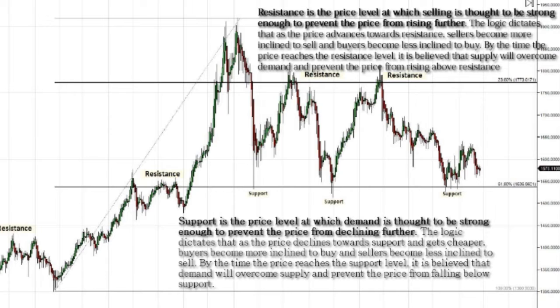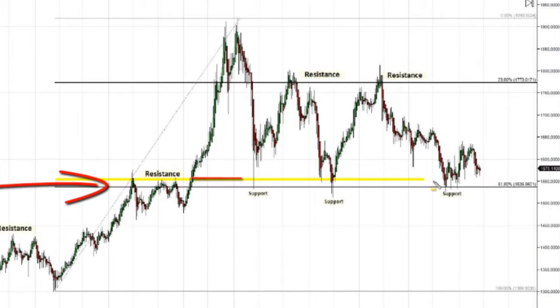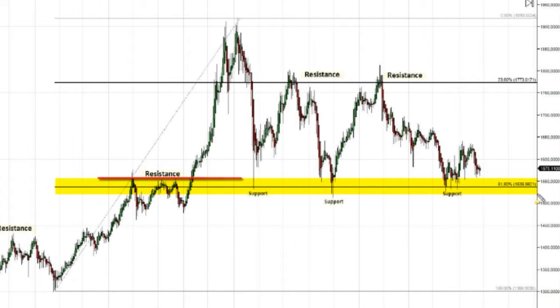The way I like to look at support and resistance is they are part and parcel of the same thing, meaning if you are on the first floor and you look up, the ceiling above you, of course, is resistance. But if you're on the second floor looking down, you're looking at the very same structure, but it is supportive. It's holding you up. And resistance and support work identically in the same way.